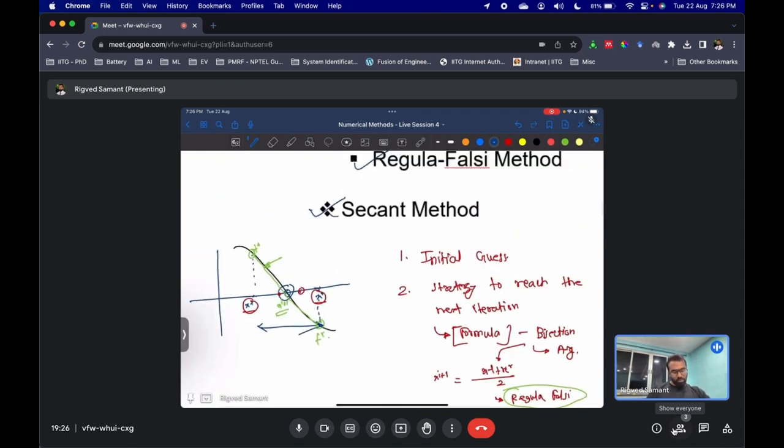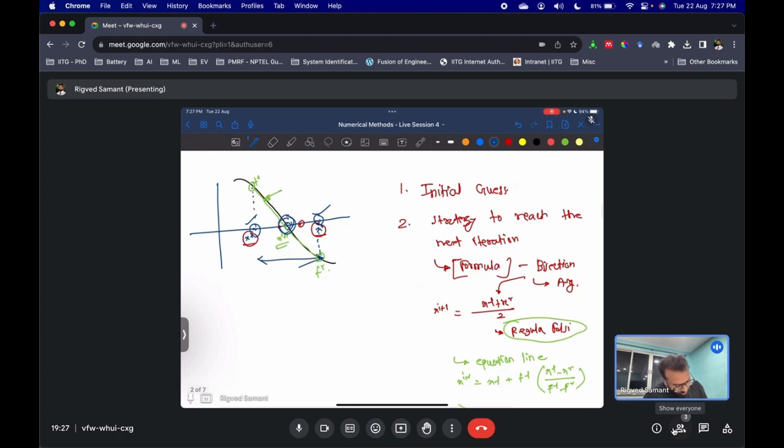And in the secant method, we don't consider this bracketing. We started with the premise that these two initial guesses might be on different sides of the actual solution, and we ensured that the actual solution stays bracketed by one criterion: we found the value of FL into F i plus 1 and checked if it is less than 0 or greater than 0.